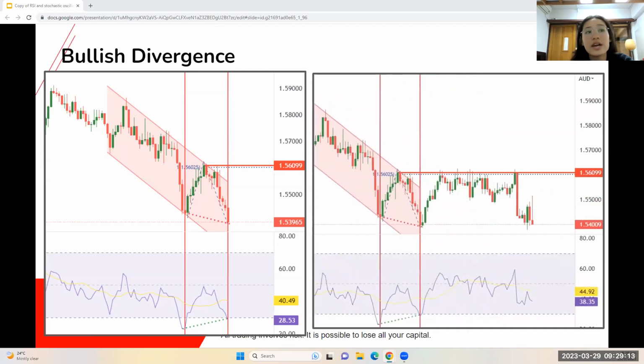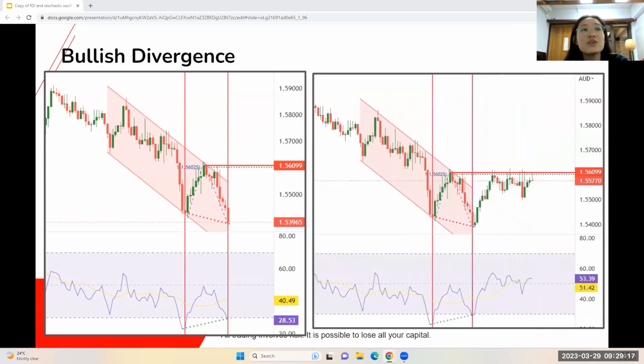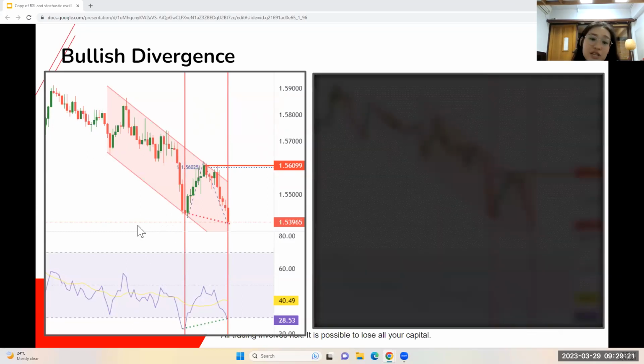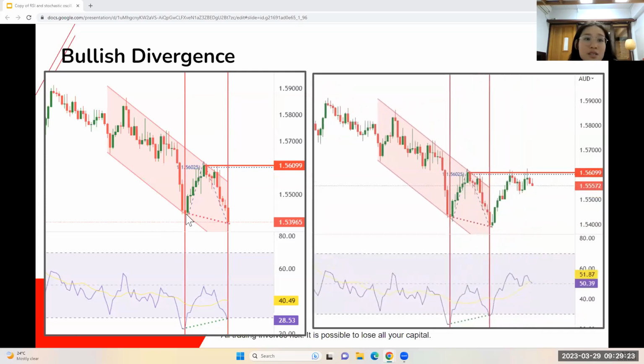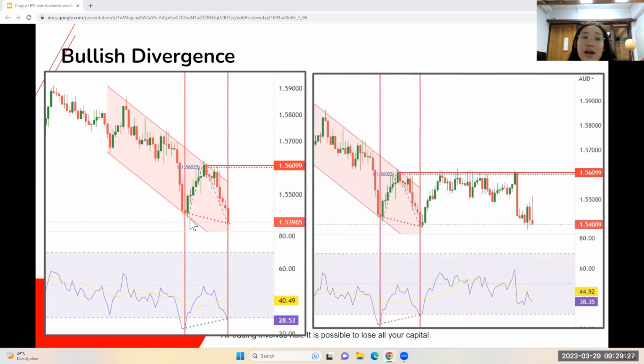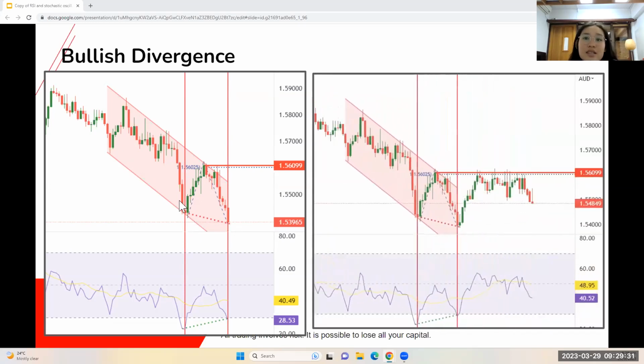So now let's take a look at a GIF of bullish divergence. If we take a look at just the image first, you can see the red dotted line that I've indicated over here has made a lower low. Price is also moving within a descending trend channel.